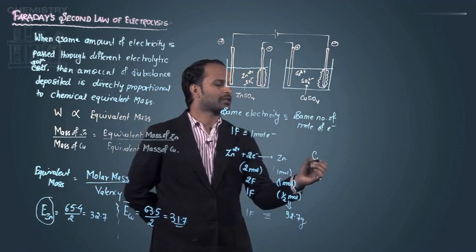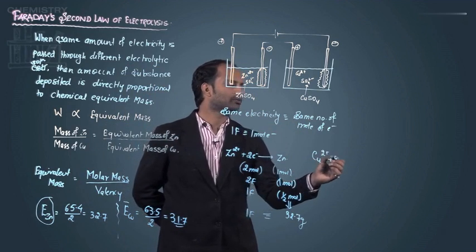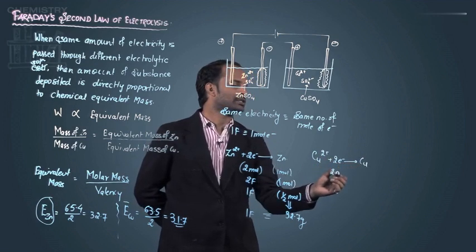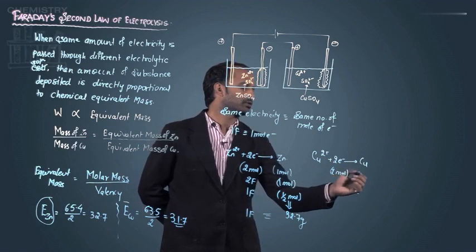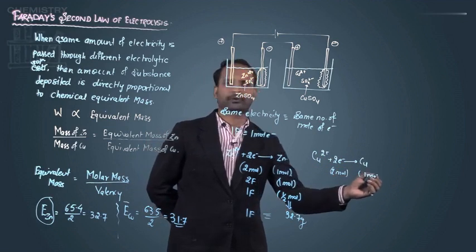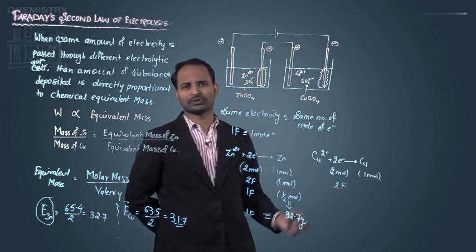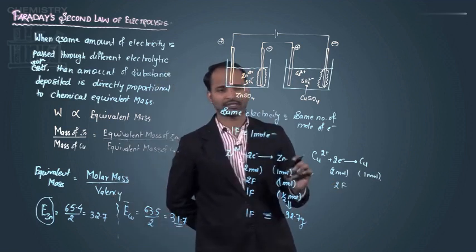For copper, the reaction will be Cu2+ plus 2 electrons gives you Cu. That means if I am passing 2 moles of electrons, then 1 mole of copper will deposit. For 2 moles of electrons, 2 Faraday of electricity is required.